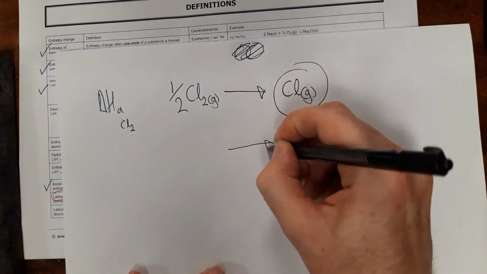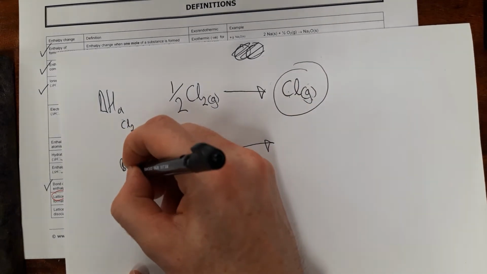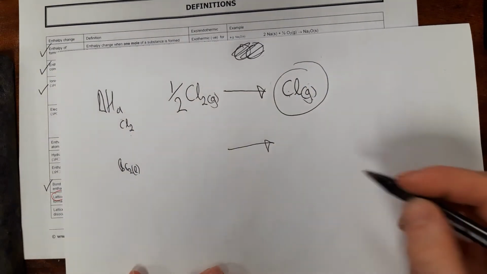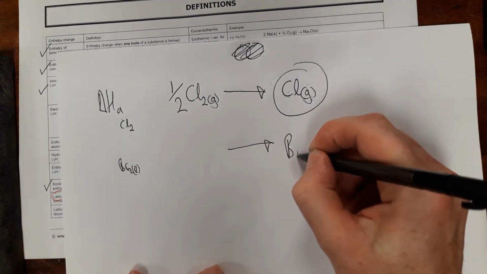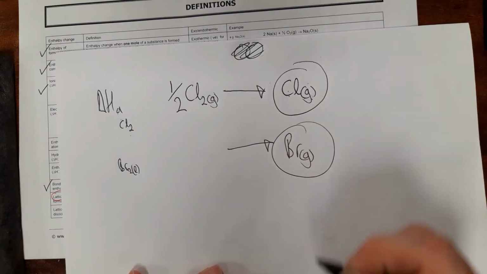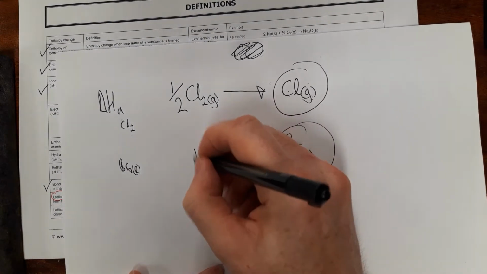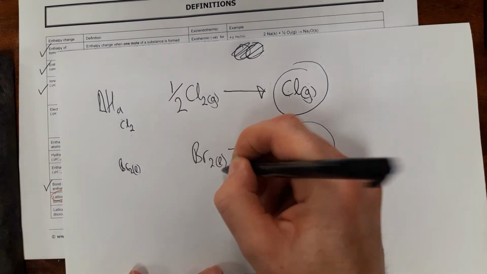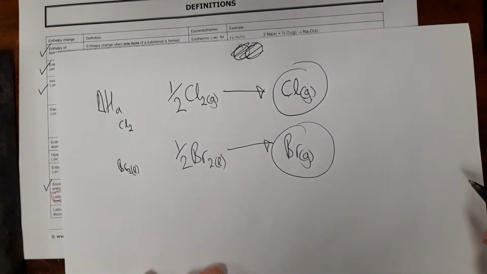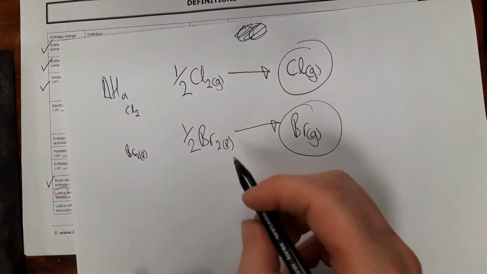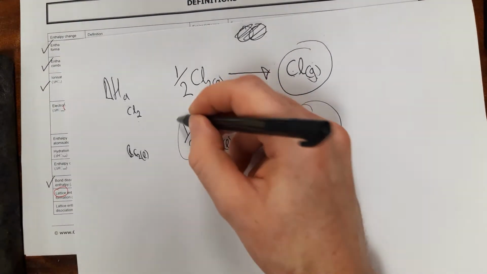So you think again, bromine. Right, bromine is Br2, liquid in its standard state. If somebody asks you for the atomization, you just firstly go 1 mole of gaseous atoms formed from its element in the standard state, which is Br2 liquid, and there's going to be half of them. What we're representing here looks like half a mole of Br2.